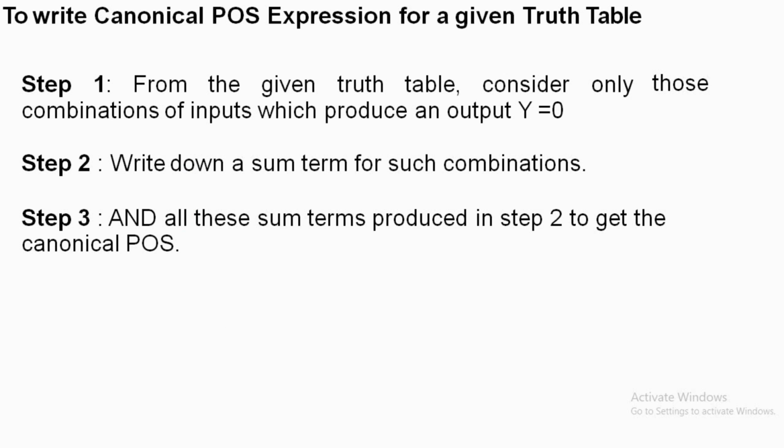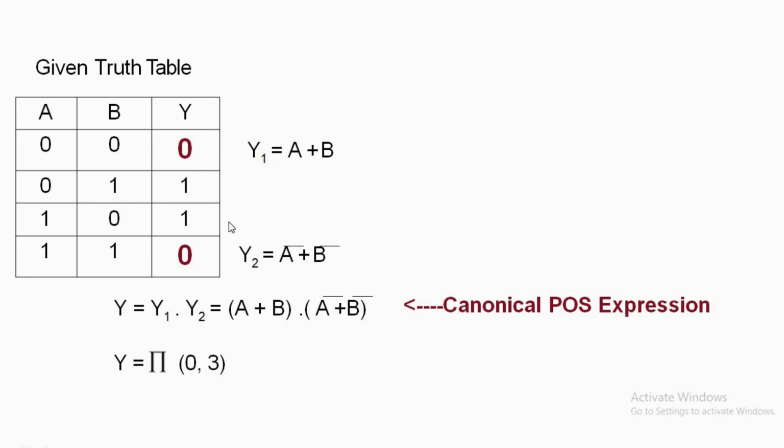Similarly for the POS form. Only, in POS form we have to consider the output column which contains 0. This is the truth table, the same truth table I am considering here. We have to consider the output column where 0 is indicated. So in the first row and last row 0 is indicated. We have to consider only these rows, first and last.